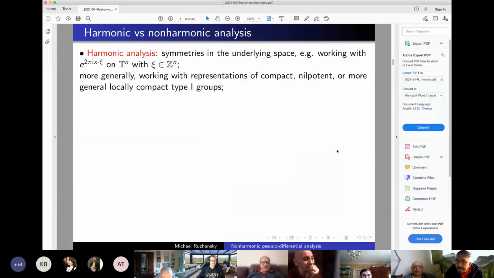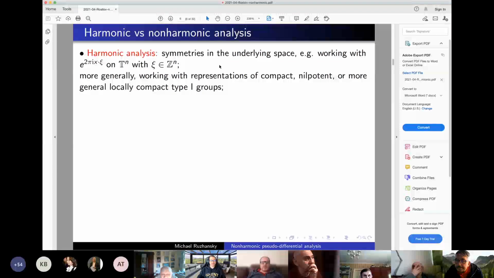Okay, so now I go back to non-harmonic analysis. As I said, harmonic analysis is analysis. I guess there is no definition of harmonic analysis. Maybe one can check Wikipedia and see what is the definition of harmonic analysis. But for me, and maybe different people have different definitions for themselves, it is when we have symmetries in the underlying space.